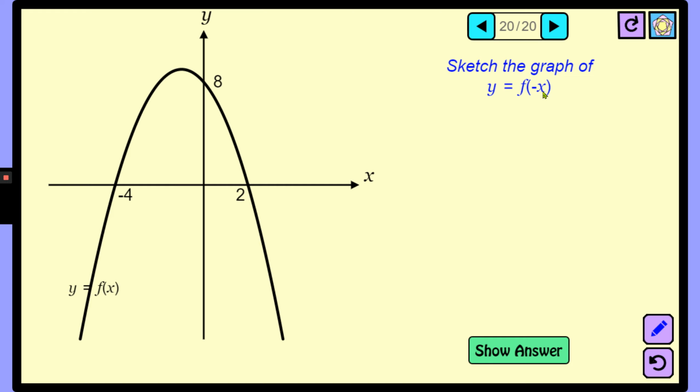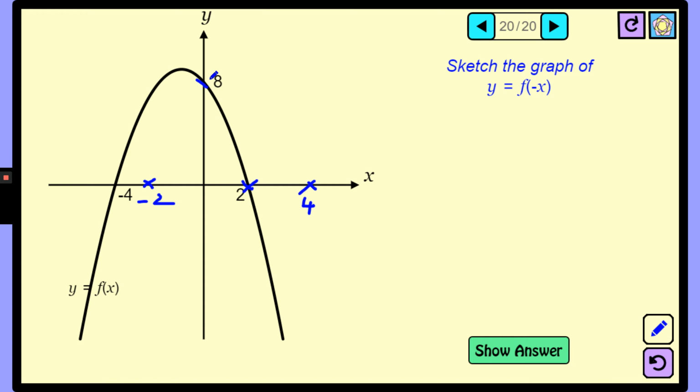Okay, so the x values are multiplied by -1, so that 2 will be reflected there. So that 2 becomes -2. That -4 becomes +4.